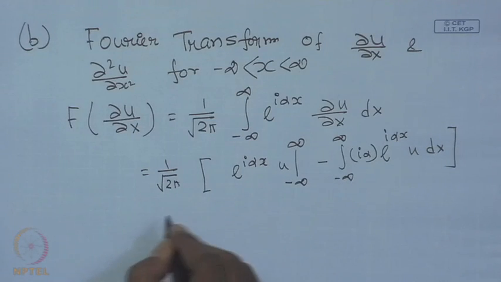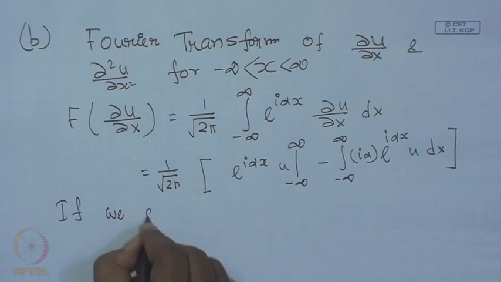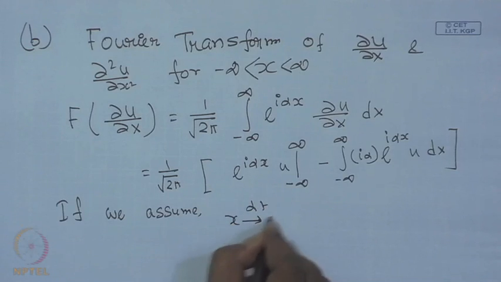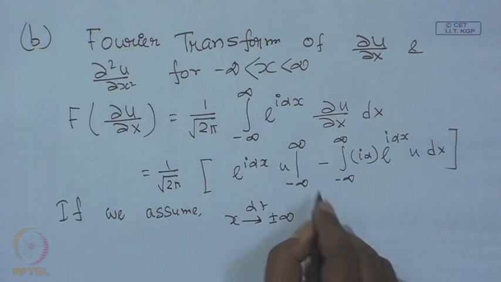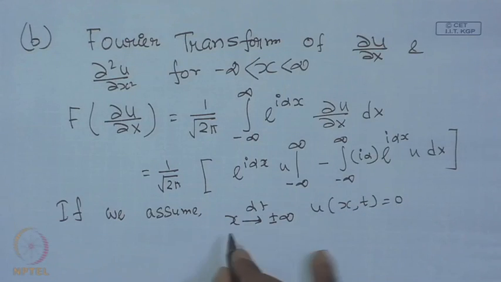Okay. So, now if we assume that the limit as x tends to plus minus infinity of u(x, t) is equal to 0. This assumption simply indicates that u is a bounded function at infinity. So, it means that we are going to get a feasible solution. We are not going to get an infeasible solution where the solution blows out at x equal to plus minus infinity.